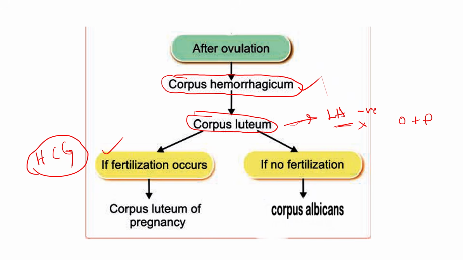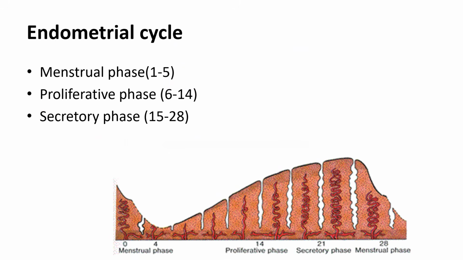If fertilization occurs, the syncytiotrophoblast will secrete HCG and that will continue the corpus luteum for 3 months. After that, the placenta will come into action and it will secrete progesterone. If no fertilization occurs, there is no HCG as well as no LH, so the corpus luteum degenerates into corpus albicans.